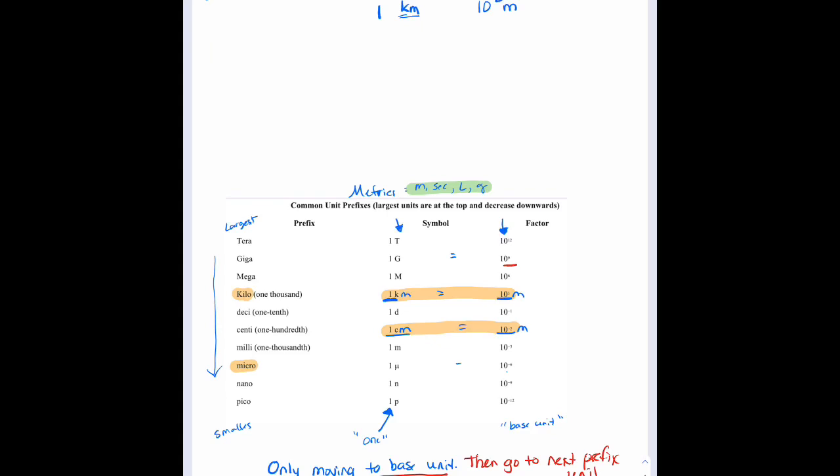If you like to understand this conceptually, what we're saying is that this meter, everyone probably knows that a meter, it's only like the length from the floor to a doorknob, but a kilometer, that's quite a bit farther. You can run kilometers. And so what we're saying is that it takes 1,000 of something that's really small to make 1 of something really big.